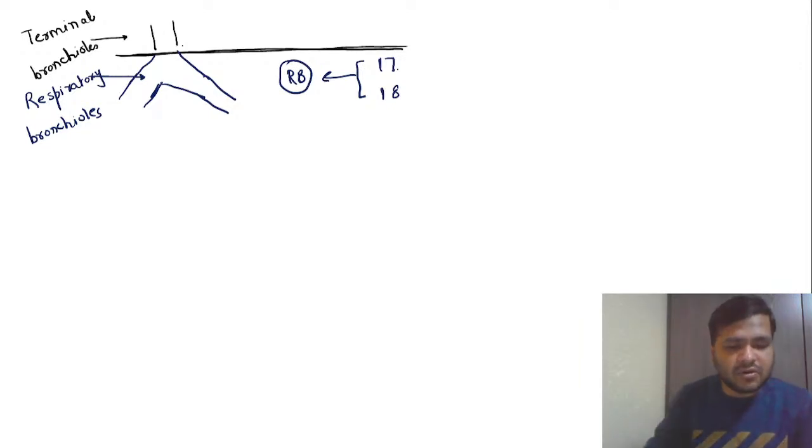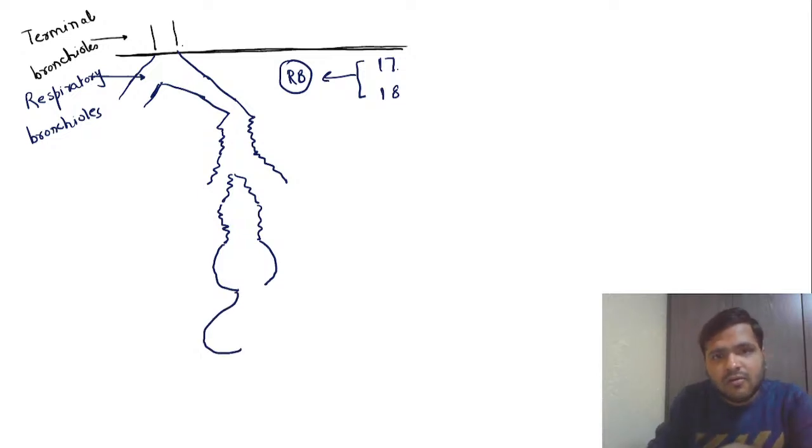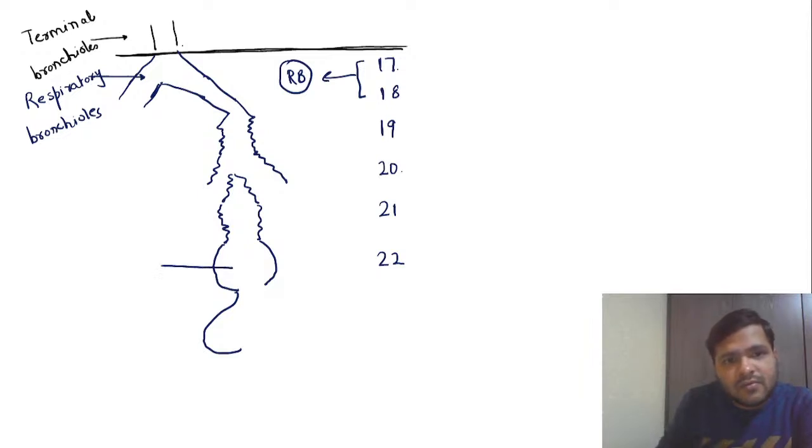Further, these will form certain ducts, called alveolar ducts. From 19, 20, 21, and 22, this is what is called alveolar ducts.